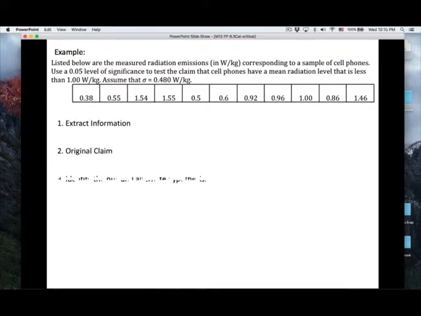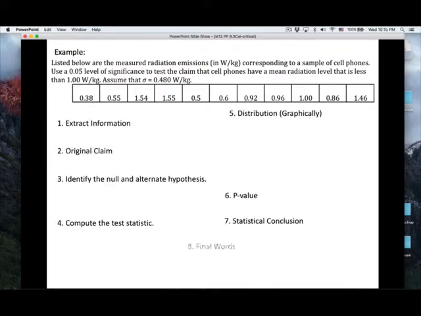Okay, let's try this example. They're going to give you a list of data. This is my data set. And then they also give you the population standard deviation.